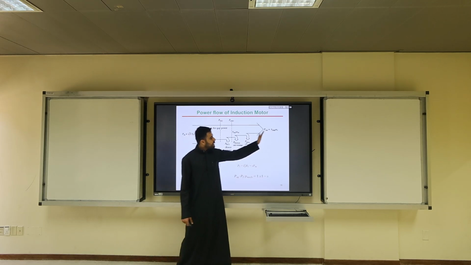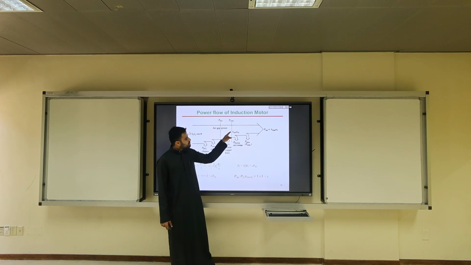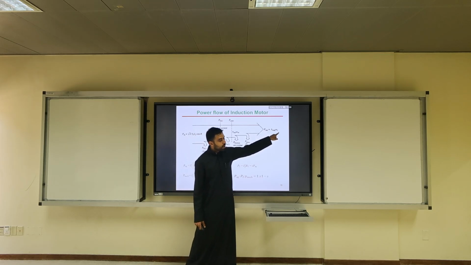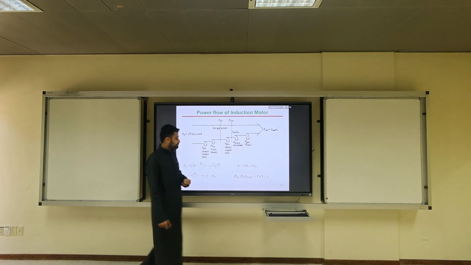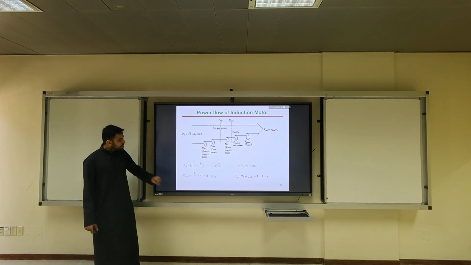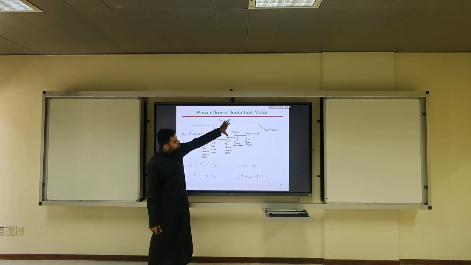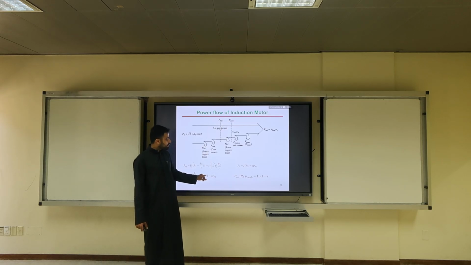Keep in mind, on the mechanical side, we get torque induced times omega mechanical, here torque induced times omega synchronous, here torque friction times omega m, here torque load times omega m. Keep in mind also that there is a shortcut to find P converted, or mechanical power: just multiply the air gap power by 1 minus S. What does that mean?